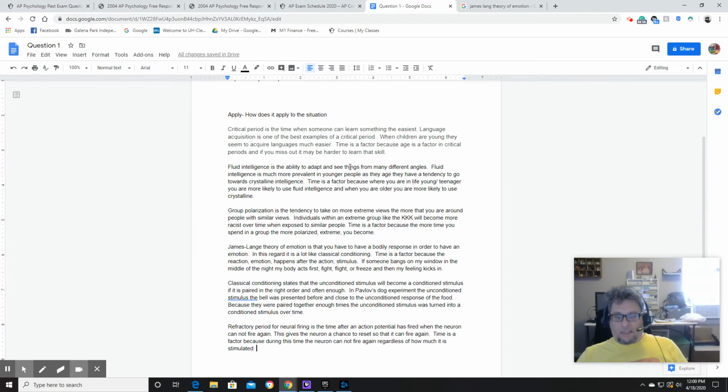So time is a factor because during this time, the neuron cannot fire again, regardless of how much it is stimulated. So the neuron fires. It takes a split second to reset so that it can fire again. So even if it does get a lot of input from nearby neurons during the refractory period, it's not going to fire again until it resets. And that's what the refractory period is about.